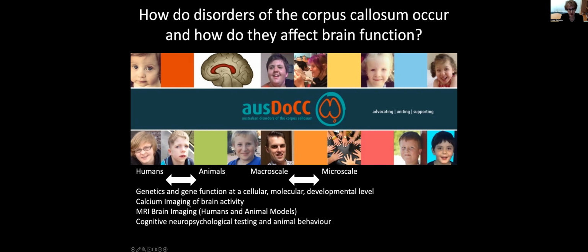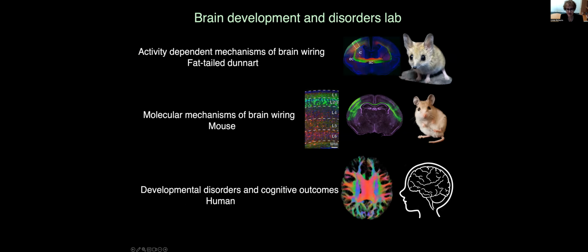We also do calcium imaging of brain activity and pair this with trying to understand how the circuits are forming in the brain. And then we study this with MRI brain imaging in people and in animals and perform cognitive neuropsychological testing and animal behavior to see the outcome of these circuits.